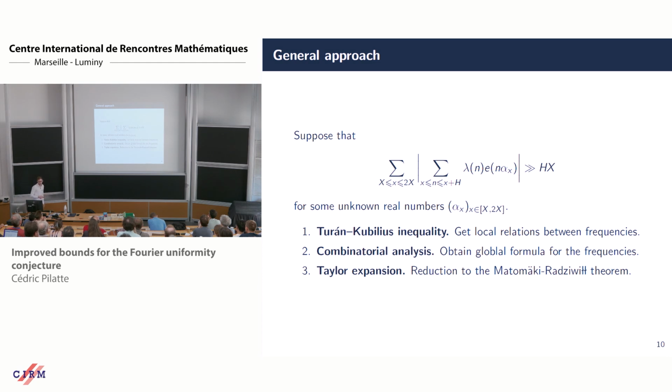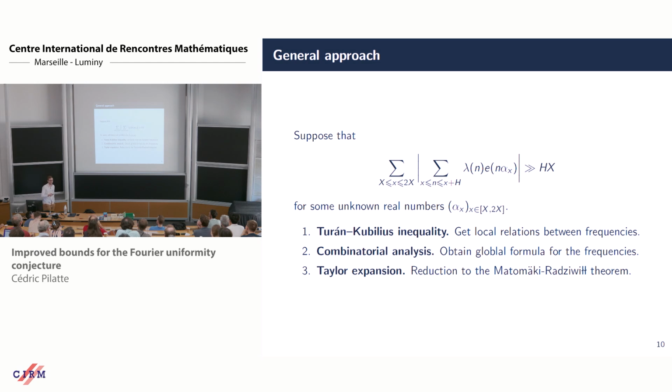So it's a proof by contradiction. You assume that there exist some unknown frequencies alpha_x such that the Liouville function does correlate with these frequencies over many short intervals, so you have this bound. This is what you start with, and then you would like to derive a contradiction.